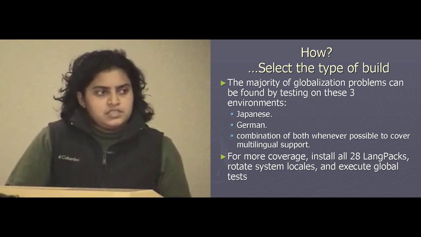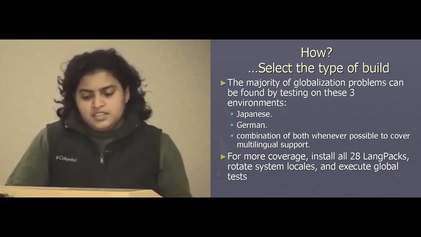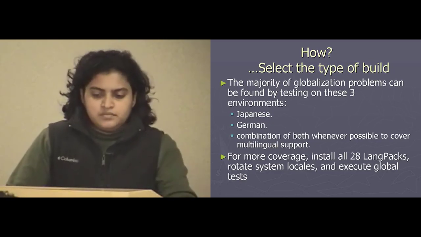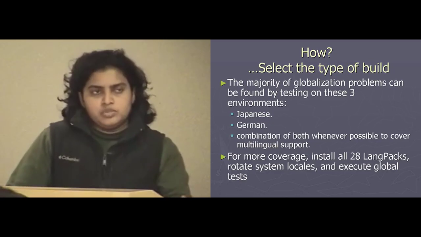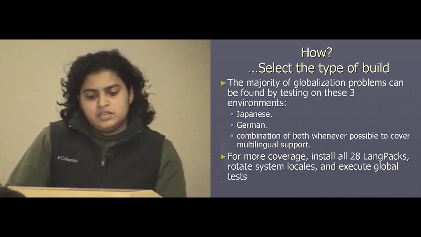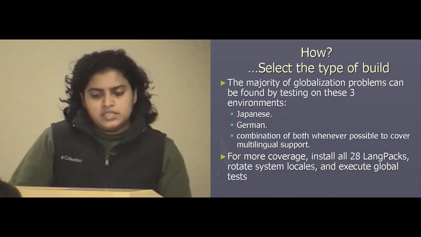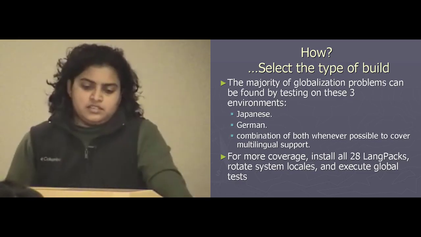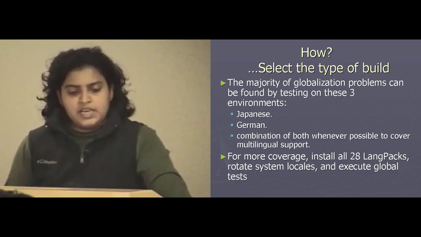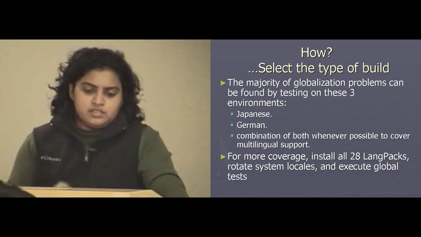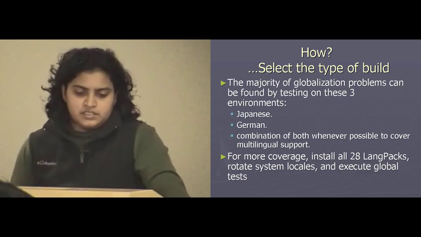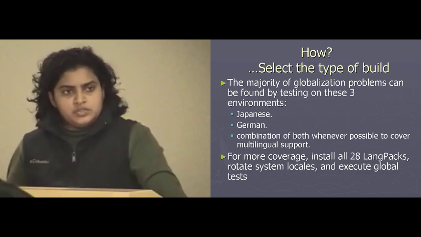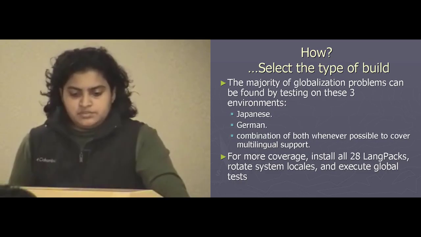With 28 different languages and going through all your tests, it would take a long time. So the most optimal set of languages that you can use to get a near complete set of testing is a combination of Japanese, German, and English, because English covers all the ASCII character set, German covers most of the East European, and Japanese covers the Far East.